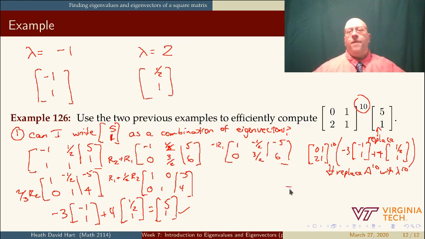This is the same thing as negative 3 times negative 1 to the 10th power times negative 1, 1. Plus, in this example, 4 times 2 to the 10th power times 1/2, 1.